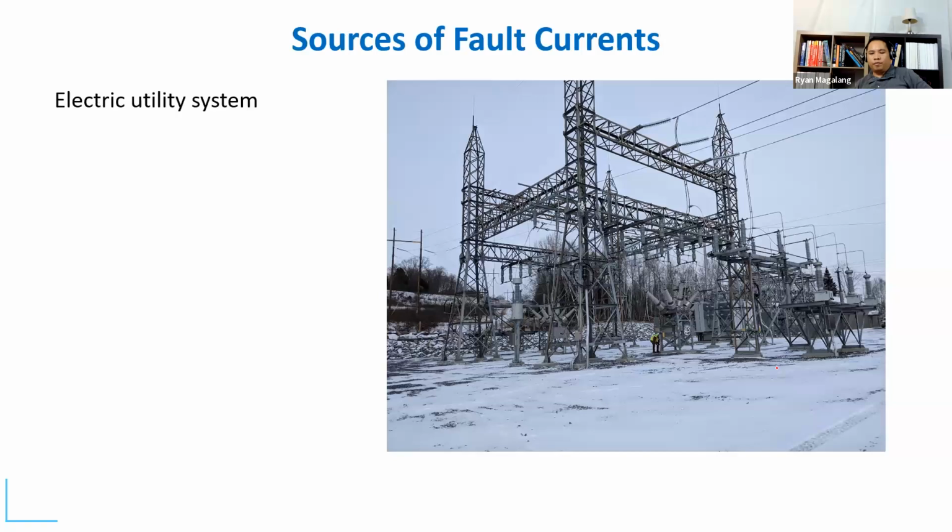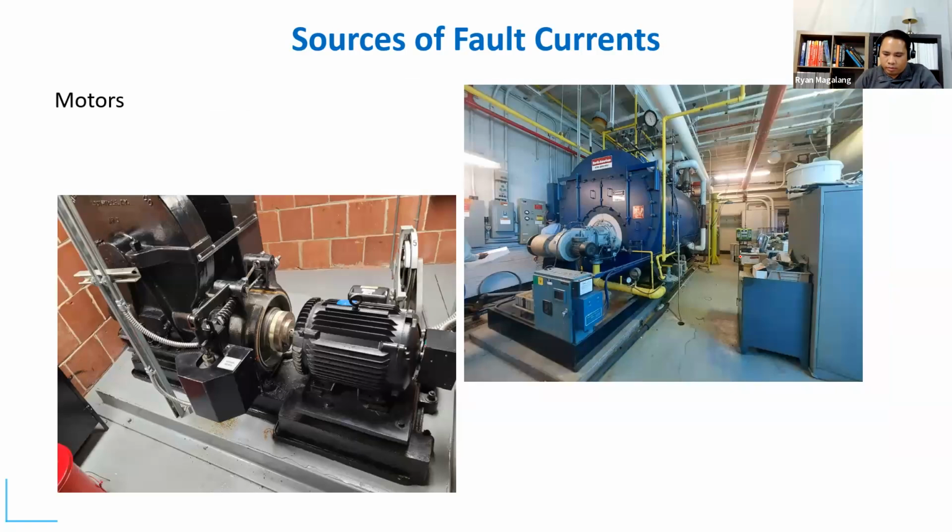So which are the sources of fault currents? Number one, obviously, is your electric utility system, which is the greatest contributor of short circuit or fault currents. Motors, especially in industrial facilities, we have a lot of motors for industrial processes.